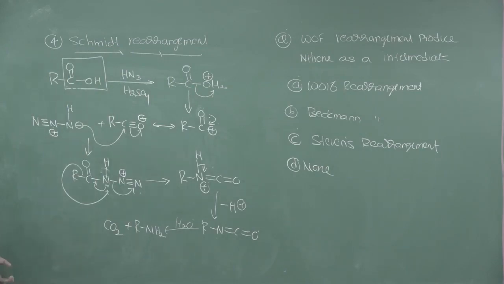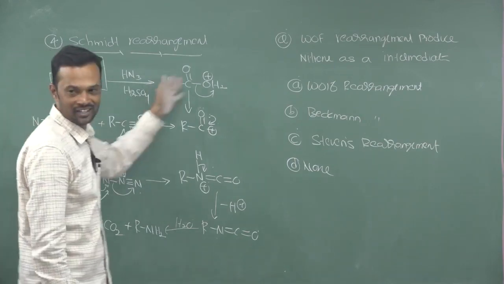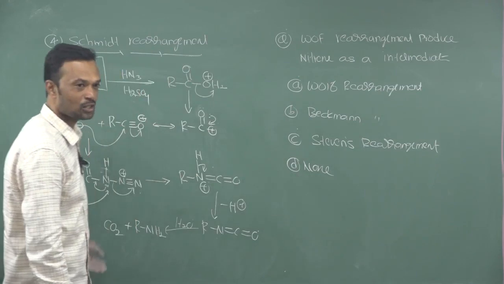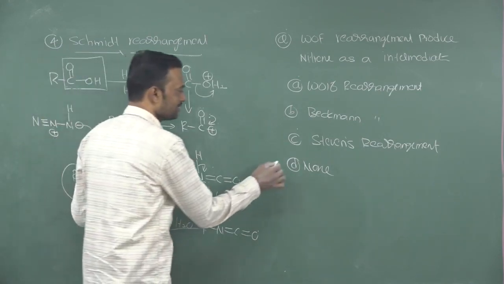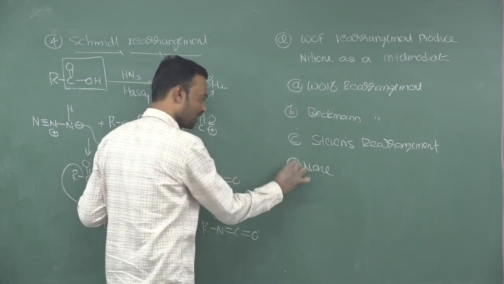In which rearrangement is nitrene an intermediate? Say the answer. So right now, among whatever rearrangements you have learned, none of the options is given, right or not, so that you could predict very easily, but I have not given it. So is the answer none or Beckmann? No, none only.